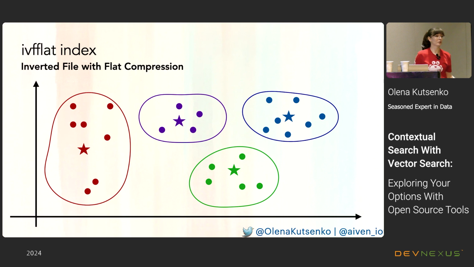Also, if you are going to change your data, like with Postgres, for example, where the data is more changeable, you change the data and then probably you need to re-index the data, so you still have appropriate centroids and appropriate clusters.